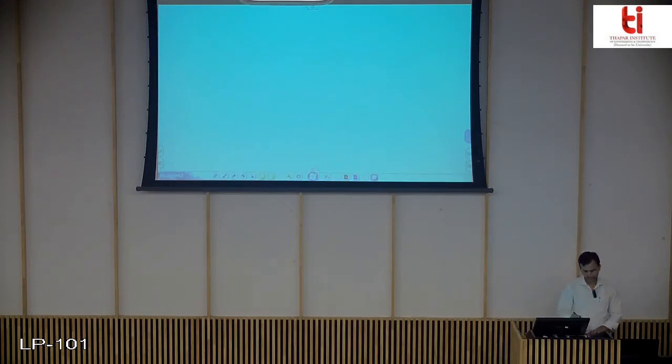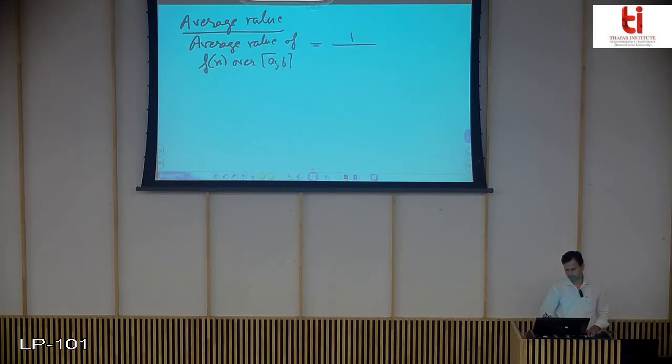And secondly, we have another term, the average value. Remember that for a single variable function, the average value of f(x) over a closed interval [a, b] is given as the integral of the function from a to b divided by the length of the interval. It is the ratio of the integral of the function over the given closed interval to the length of the interval.